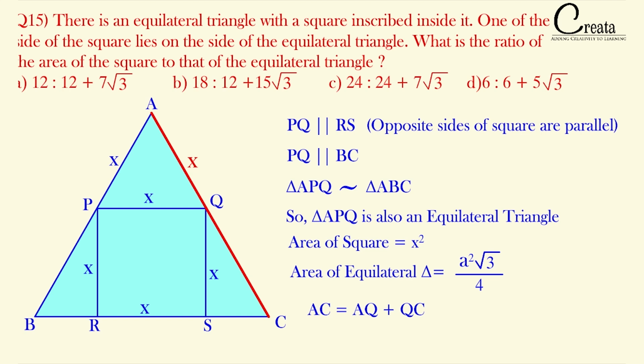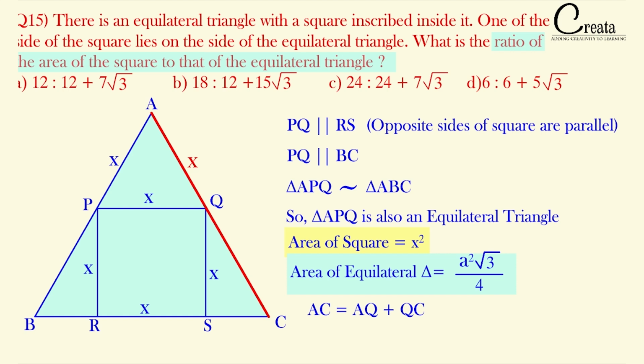I can directly proceed with the steps and answer to this question, but I am telling you how to approach the question. Here we have to calculate the ratio of the area of the square and the triangle. The area of the square we have calculated as x square. Now somehow we have to calculate the area of this triangle ABC in terms of x. And we know the formula of area of the triangle as a square root 3 upon 4.